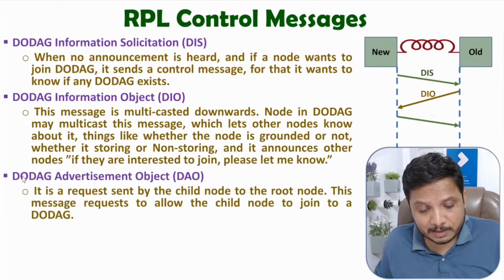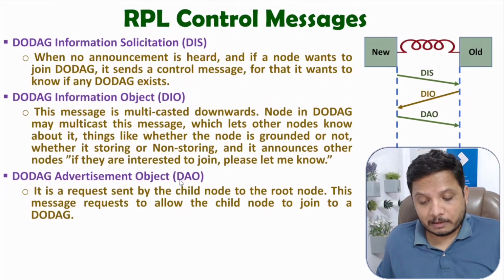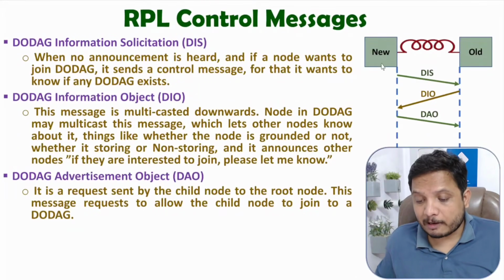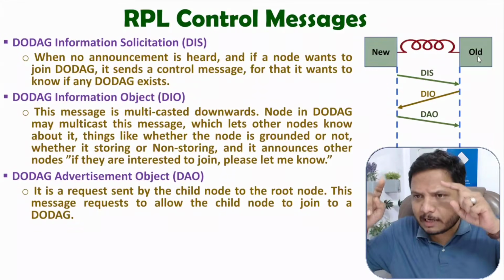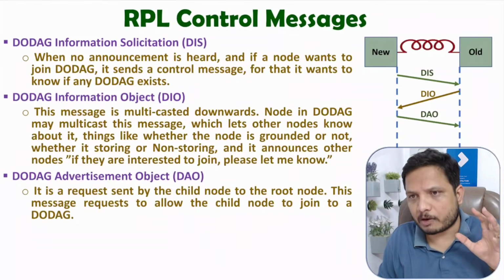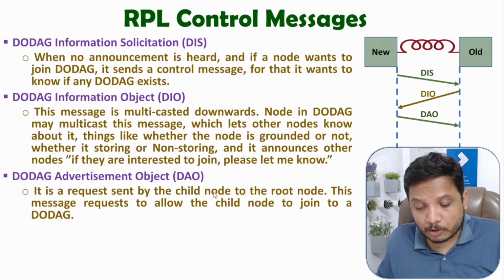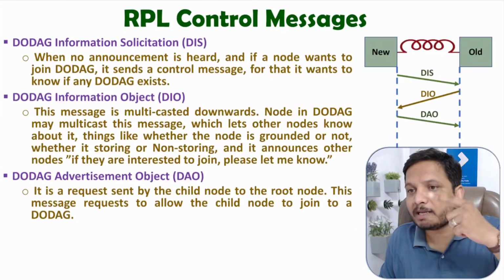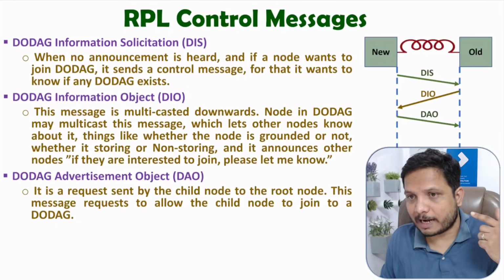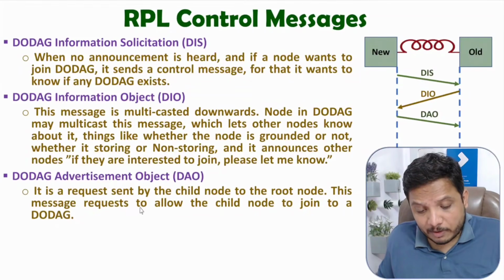Now the third message is the DODAG Advertisement Object, DAO. This message is forwarded by a new node to an older node, and in an existing DODAG network this message can also be forwarded. It is a request sent by a child node to the root node, or you can say a request forwarded by a child node to its parent node, to allow the child node to join the given DODAG.